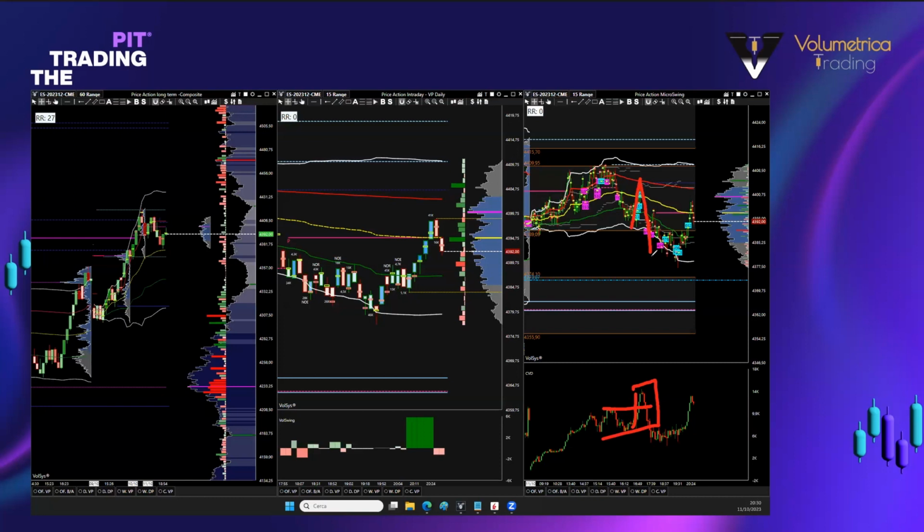So if I were looking to get long here somewhere, it would have been hard to say I have a reason to look for a long and to stay long after such a divergence.